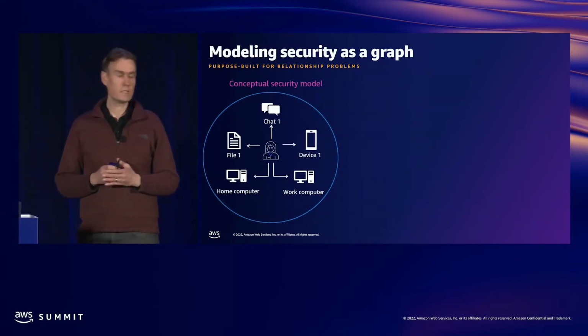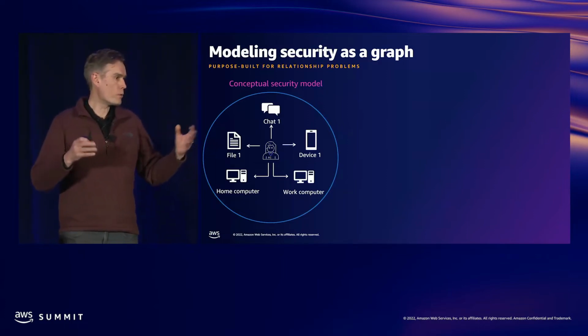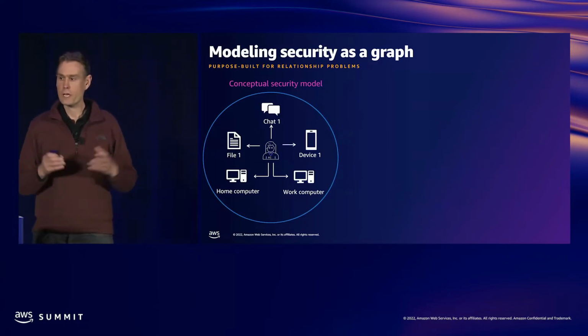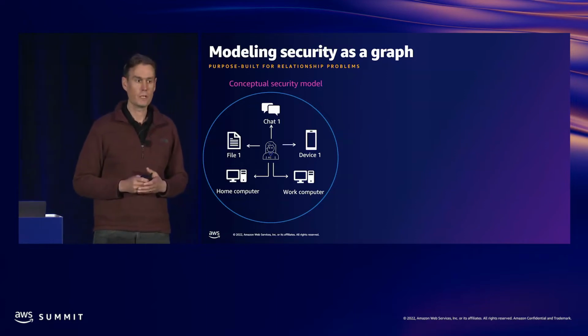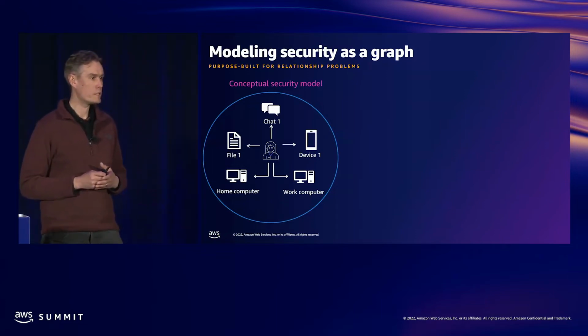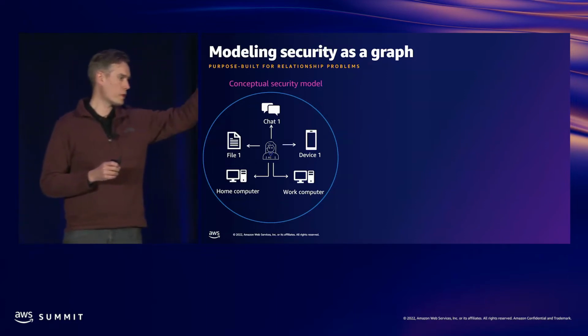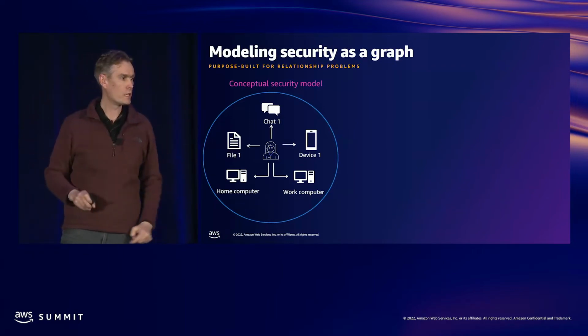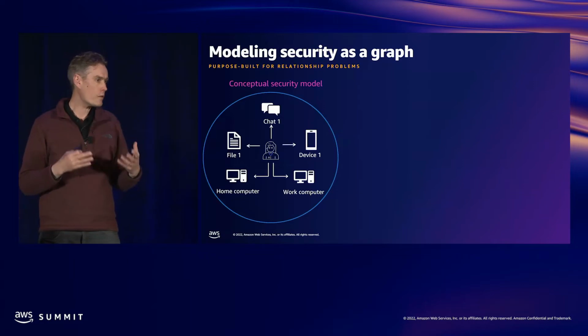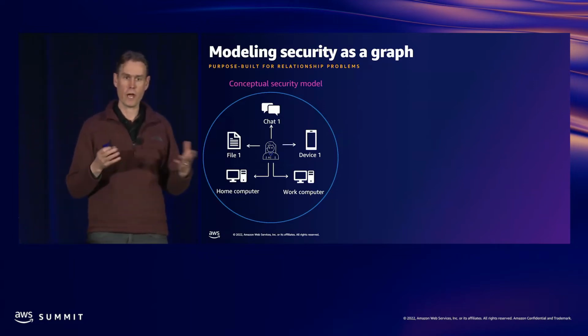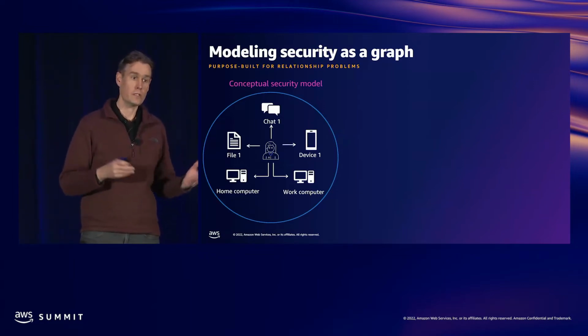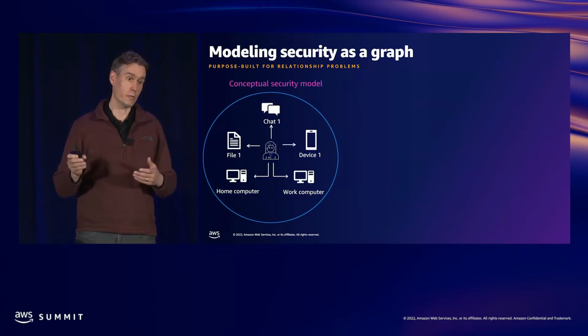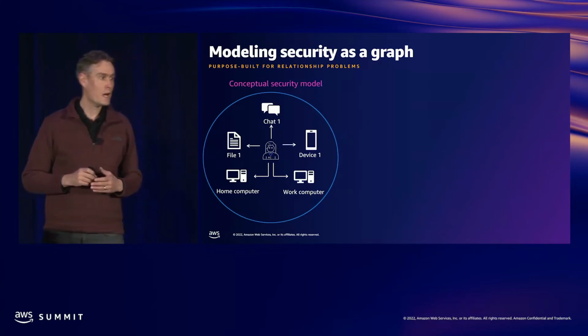Many of us have been in a conference room with a whiteboard, and we've been trying to collaboratively solve a problem. And often what happens is you start writing the things that are important on the board, and you write something else, and then you make a connection to it. And all of a sudden, without knowing it, you've built a graph model. And then in many cases, you go put it in a relational database. We can talk about that later.